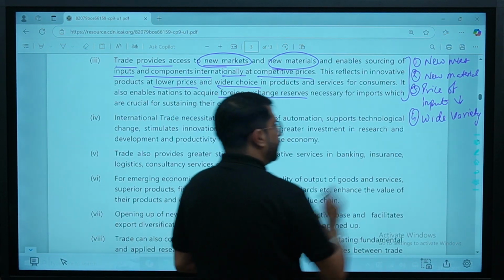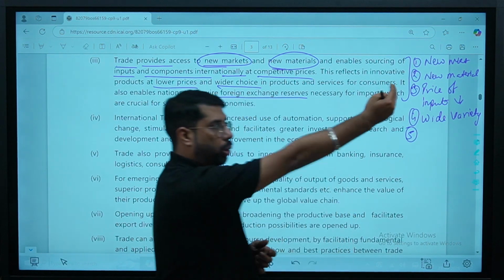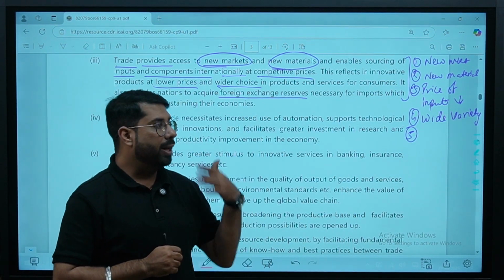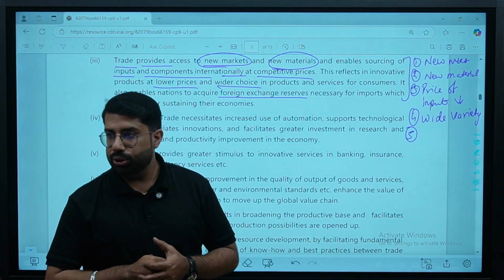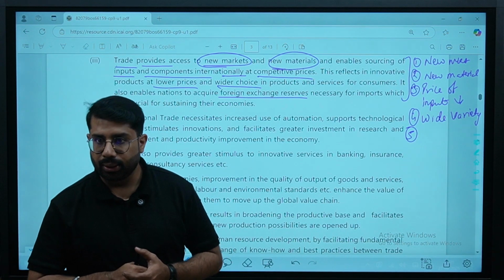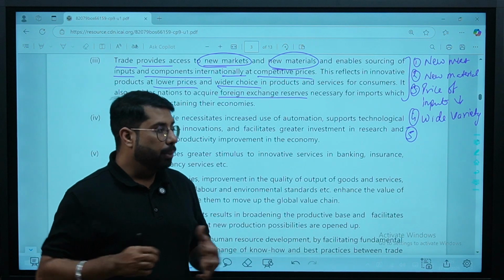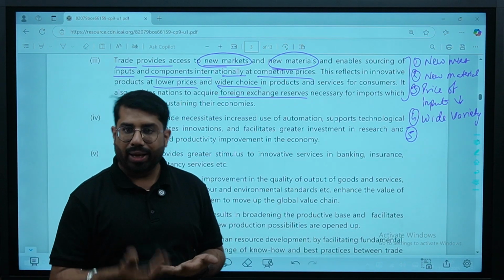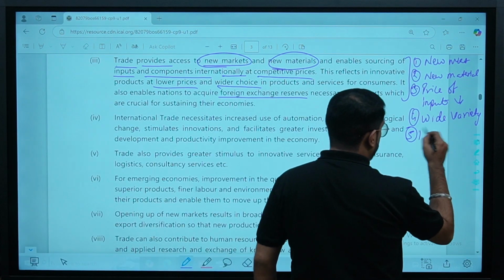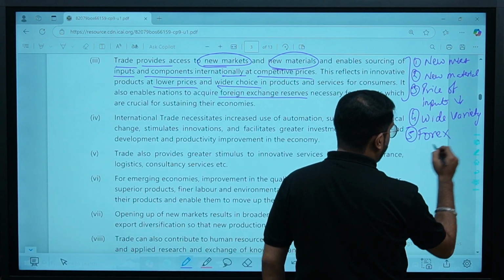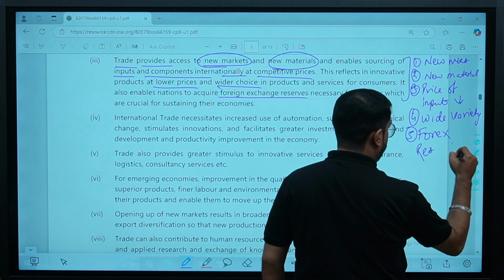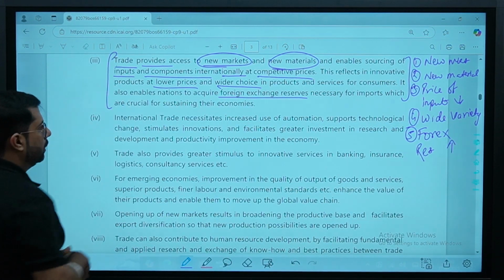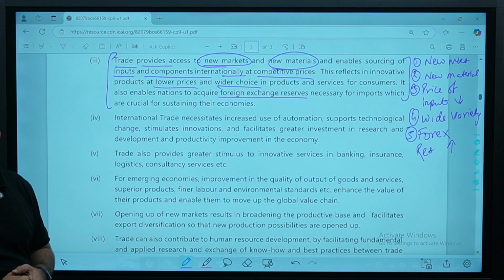Then it says when you do international trade, to import the goods you have to maintain foreign exchange reserves. Why? Because when you make the payment for the imported goods, you have to make the payments in their own currency. So for that, the country will be motivated to build more foreign exchange reserve so that they can import anytime. So the forex reserve will increase. These are the 5 sub-points which are written here. Are you clear with this thing? Yes or no? Yes.